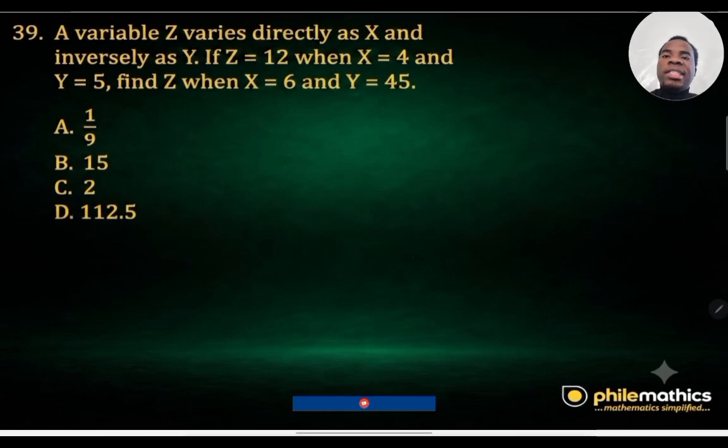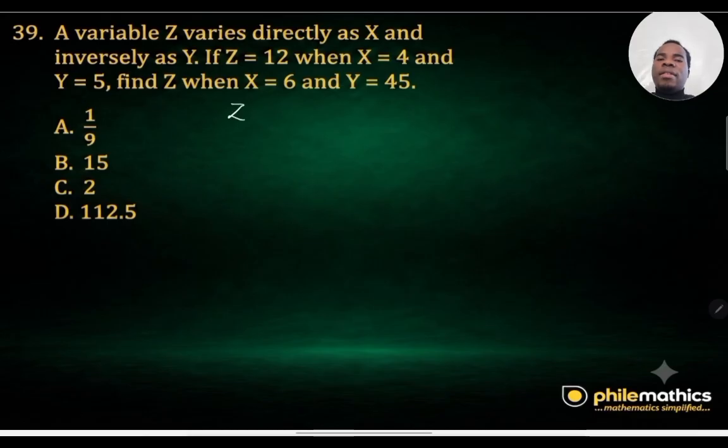This question is testing our knowledge of variation, specifically joint variation. It says a variable z varies directly as x and inversely as y. If z is 12 when x is 4 and y is 5, find z when x is 6 and y is 45.